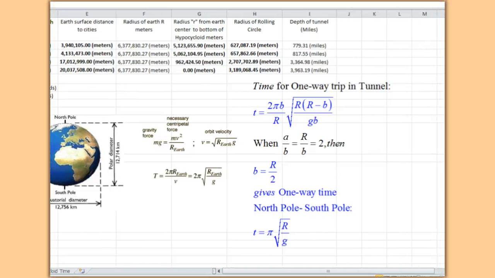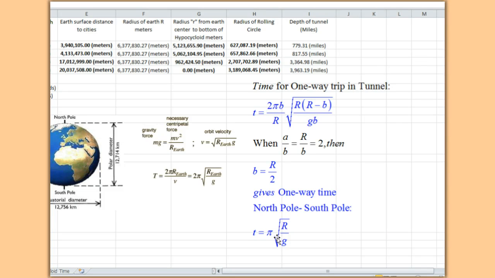If we look at time for one-way travel, time t for our hypocycloid, here's the equation. But when a over b is equal to 2, and a is r, and we solve for b, b equals r over 2. If you plug b equals r over 2 into this equation, you get one-way trip time for north to south pole, which is pi times the square root of r over g.